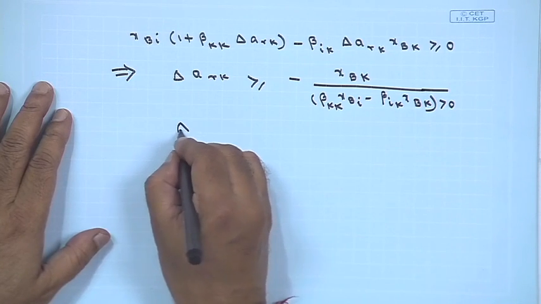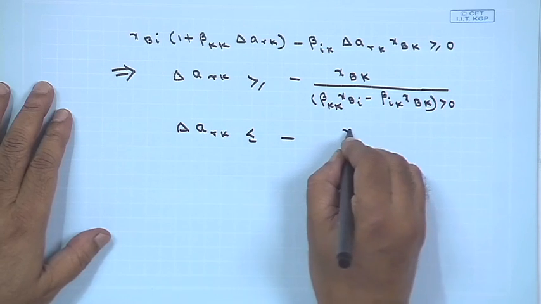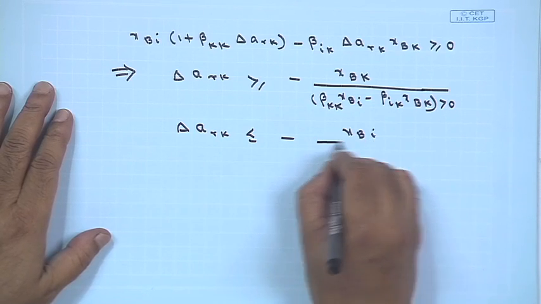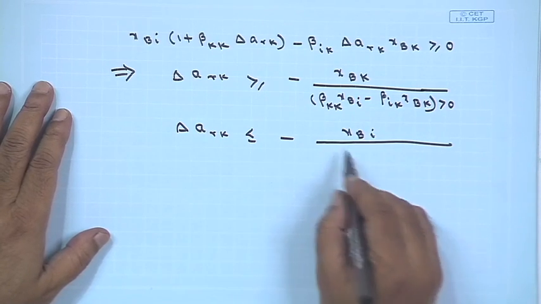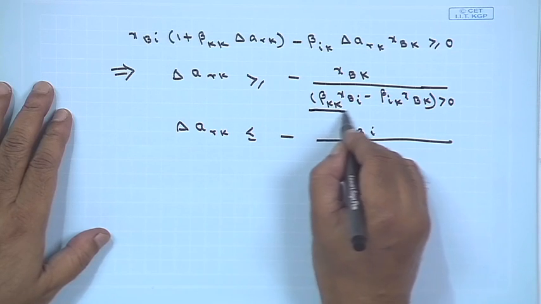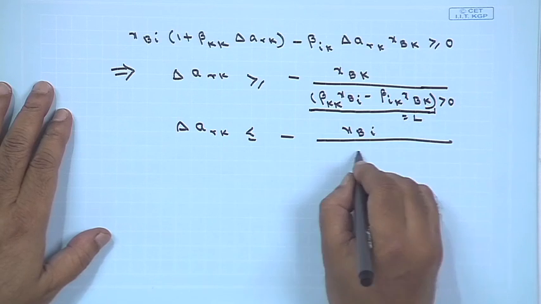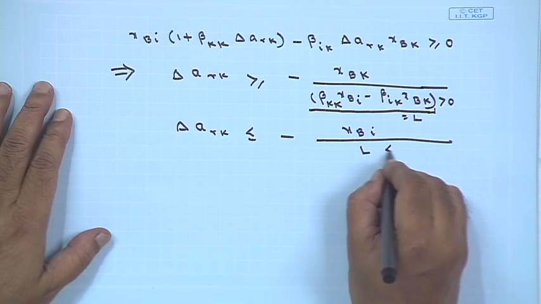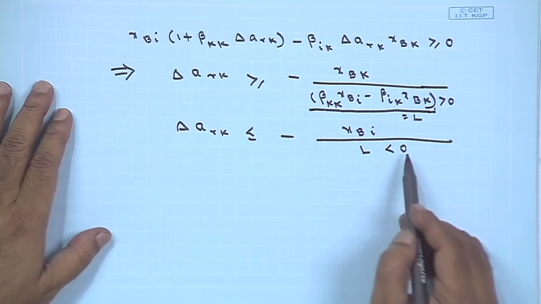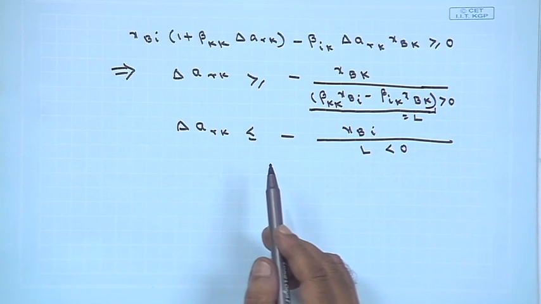And similarly, delta a r k will be less than or equal to minus x b I divided by beta k k x b I minus beta I k into x b k. If I assume this value to be capital L, then this L should be less than 0. So, I am assuming the denominator is the same. So, delta a r k greater than or equal to 0, delta a r k less than or equal to 0.